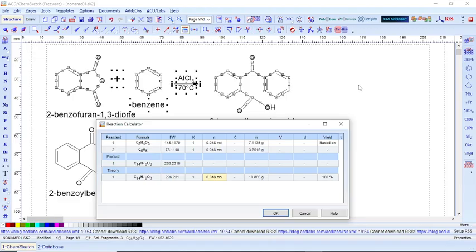How can I measure 3.7515 gram of benzene? I have my weighing balance. How can I measure 3.7515 gram of benzene? Is the question now.